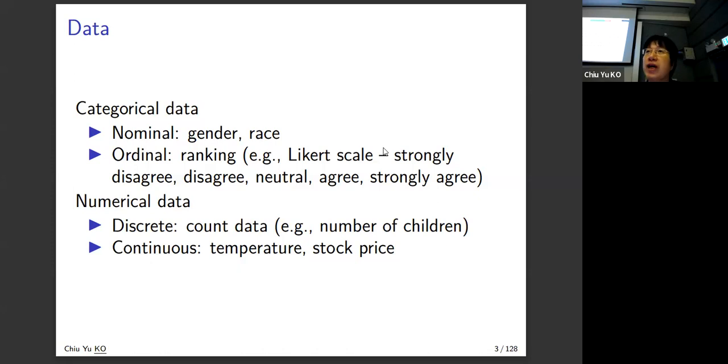When it's nominal, you can put a number, that's fine, but the mean is meaningless, right? You put race, maybe white people is 1, yellow people is 3, other people is 4, 5, 6, and calculate the mean. Those things are meaningless. For nominal data, putting a number there is fine, but calculating on it is meaningless, right?